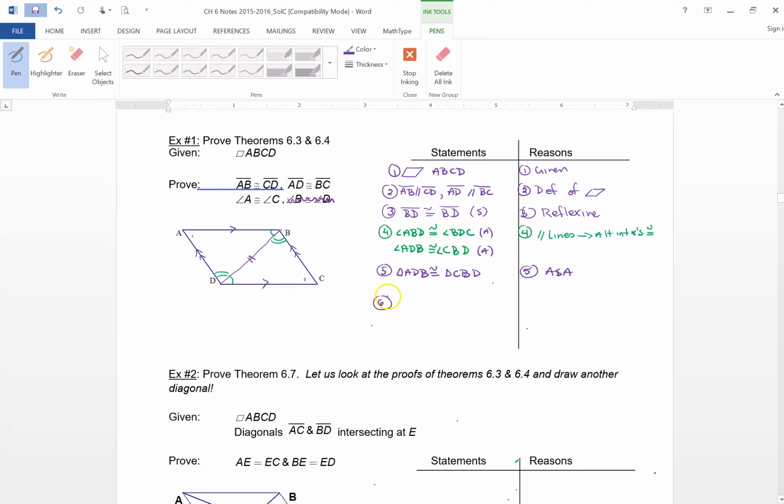And now, whatever you want can be congruent, right? So AB is congruent to CD, AD to BC, angle A to angle C, all because of CPCTC. Okay?